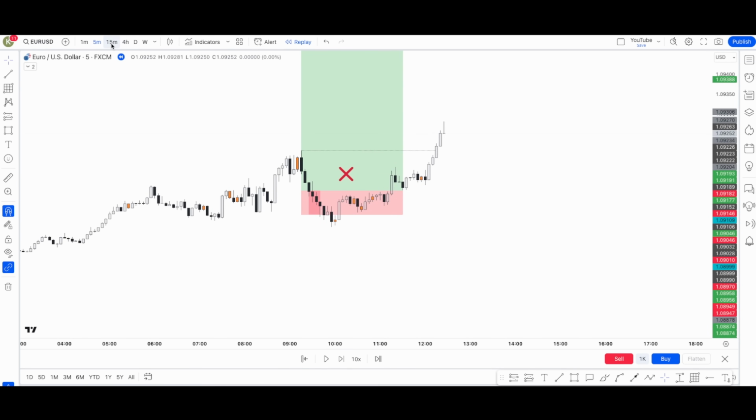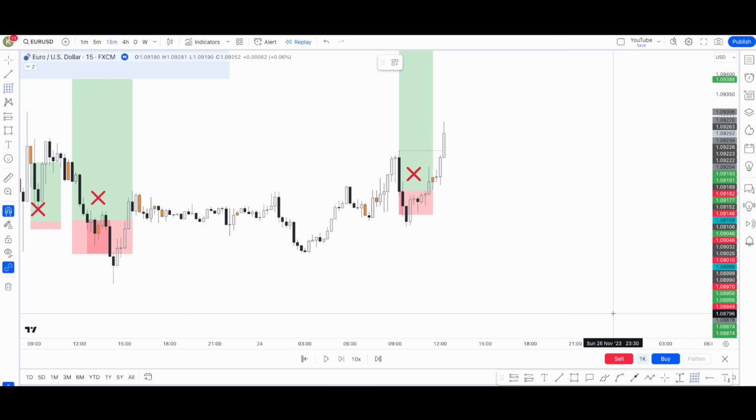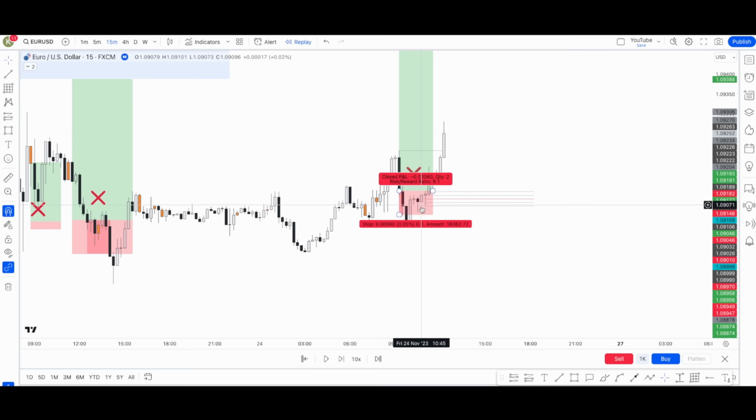Yeah, I confirmed it more on the 5 minute. So we've got this which hasn't rebalanced. Not quite, but you might want to cover that. We don't know. Nah, stick with your normal thing. Don't cover, like, if you're wrong on this one, you're wrong.